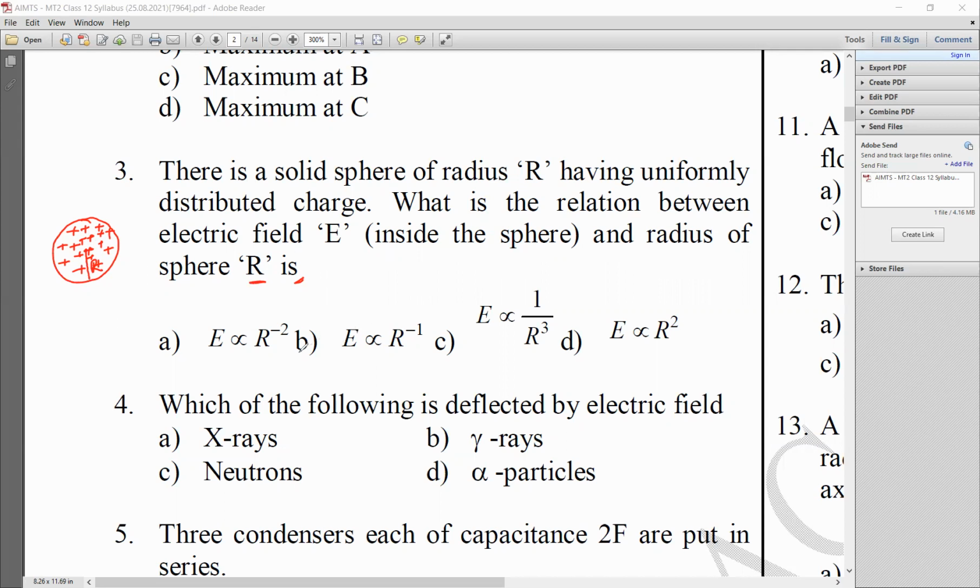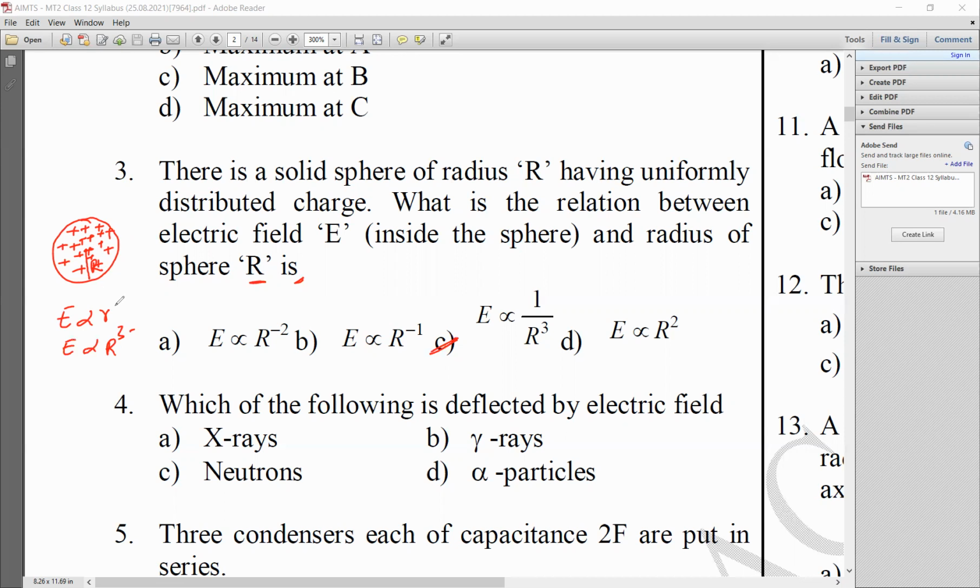It will be option B. Okay, inside the sphere, what is the electric field? Inside the sphere, it is directly proportional to small r and it is inversely proportional to r cube. Sorry, it is inversely proportional to r cube. So option C is correct.